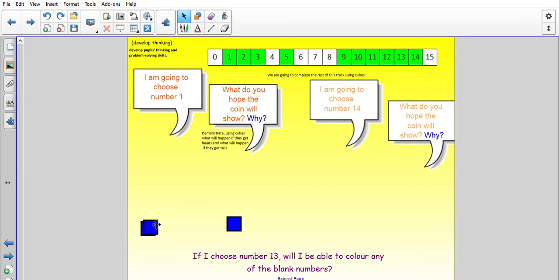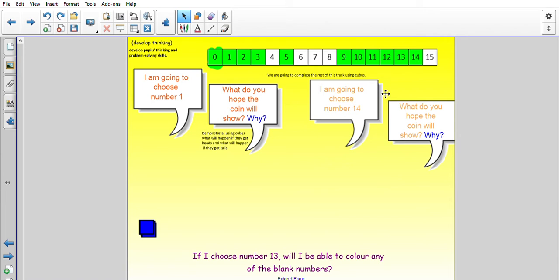Let's put that one back. I've got 1. I've chosen number 1. So I want a tails, don't I? So that I take away 1, because 0 is 1 fewer than 1. So then I could colour 0. Oh, excellent. That's another one done, isn't it?